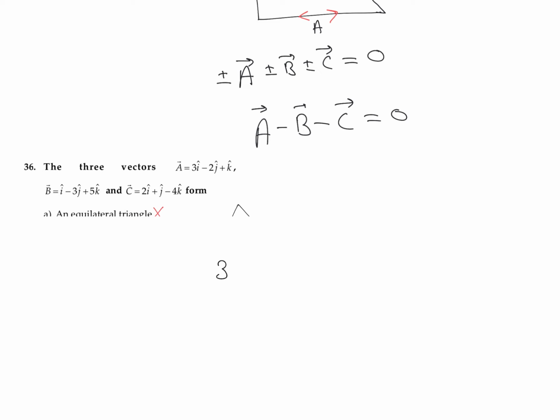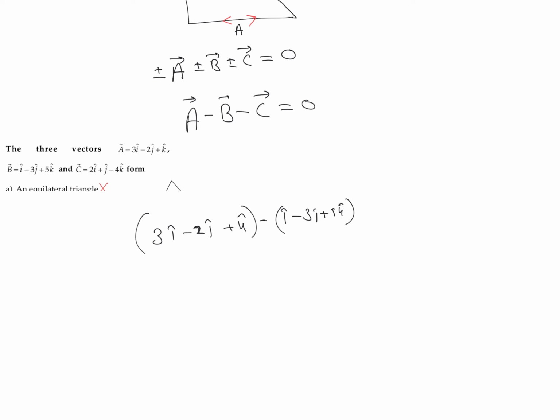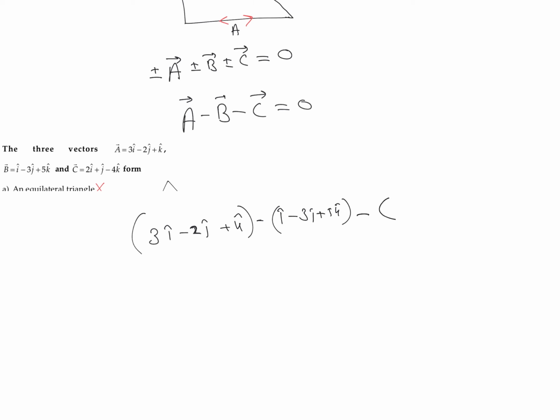That is A vector, that is 3 i cap minus 2 j cap plus k cap, minus B vector, so that means minus of i cap minus 3 j cap plus 5 k cap, minus C vector, that is minus of 2 i cap plus j cap minus 4 k cap.